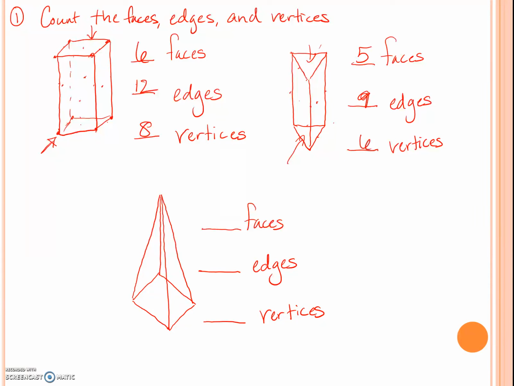Now let's take a look at this one. This isn't a triangular pyramid, this is a rectangular pyramid because we have a rectangle on the bottom. We have faces 1, 2, 3, 4, and 5 faces. We have 1, 2, 3, 4, 5, 6, 7, 8 edges. And we have 1, 2, 3, 4, 5 vertices.